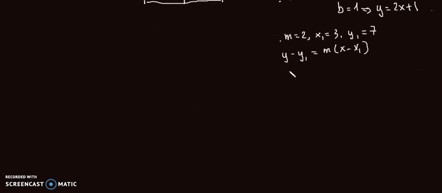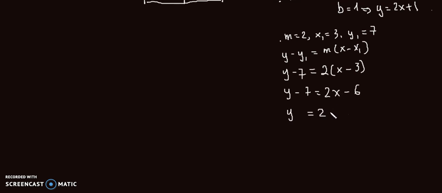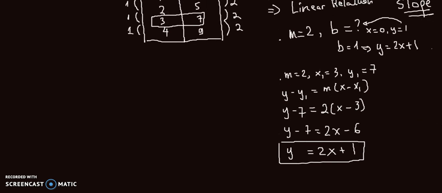So y minus 7 equals 2 times x minus 3. I just have to simplify. So 2x minus 6, and I add 7 on both sides, so y equals 2x plus 1. Voila! We have two approaches, but the same result.